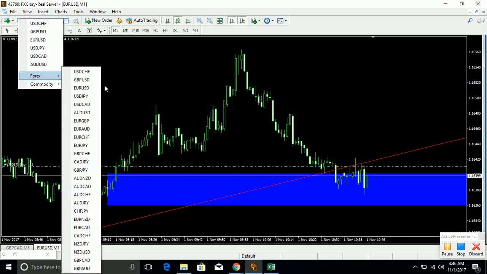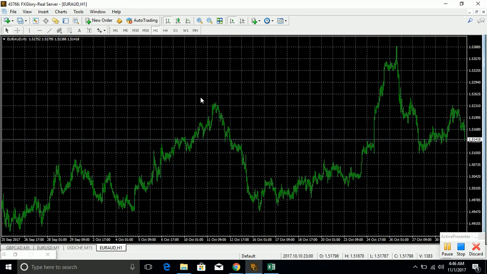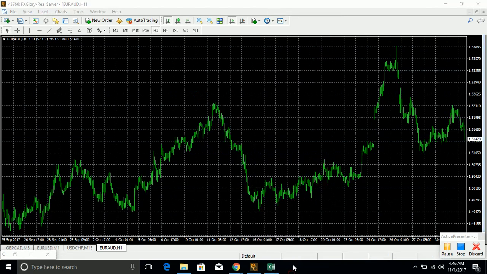Another pair I want to take a close look at is pound Aussie.